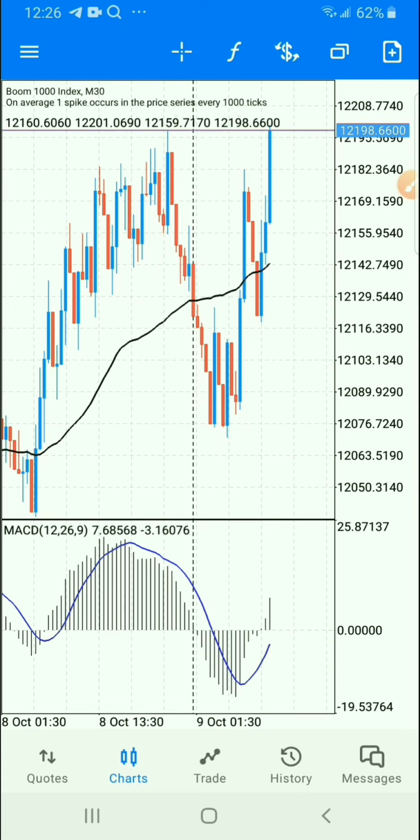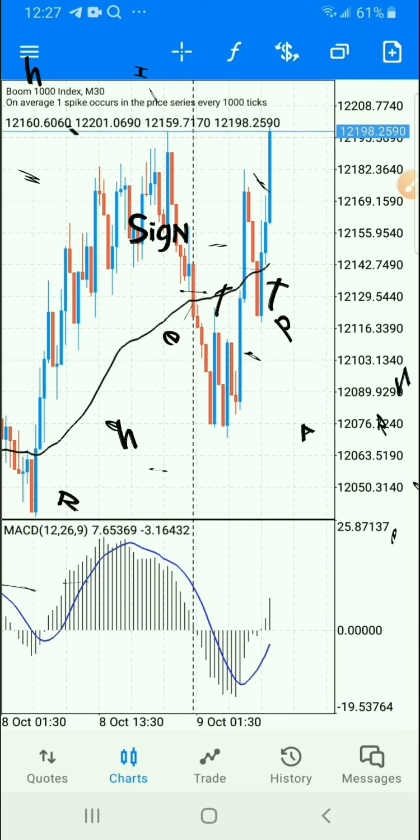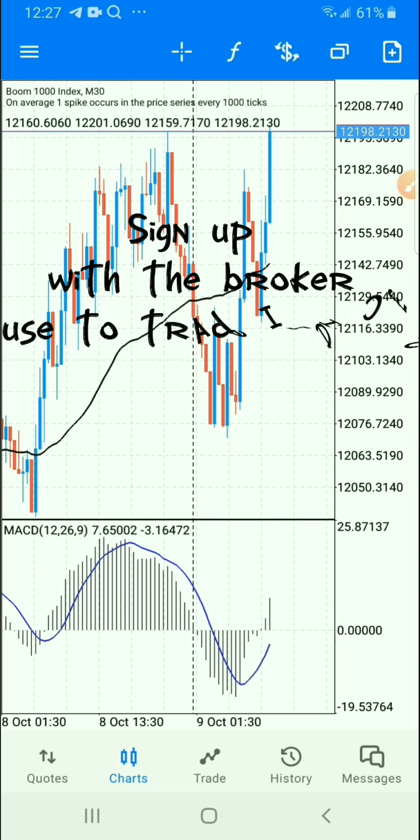All the strategies I share with you, I make money with them, guys. I don't share strategies which I make losses with, because when I'm building a strategy, I start from scratch. I say I'm gonna use this indicator because I study indicators and know about them. It's not that I know too much about indicators, but I study the little which I want to use in my strategies, guys.